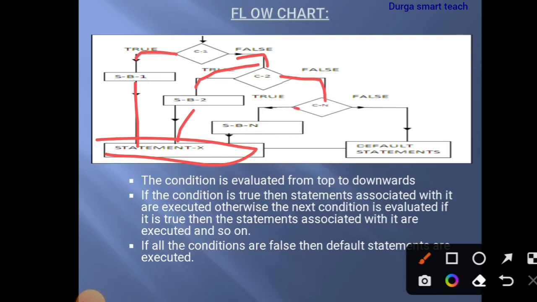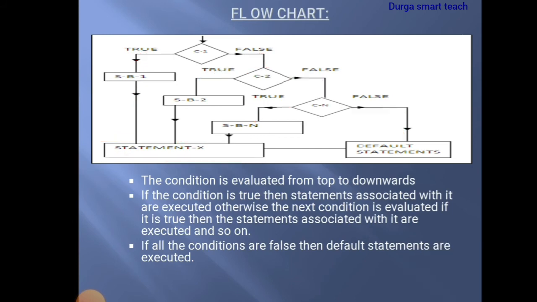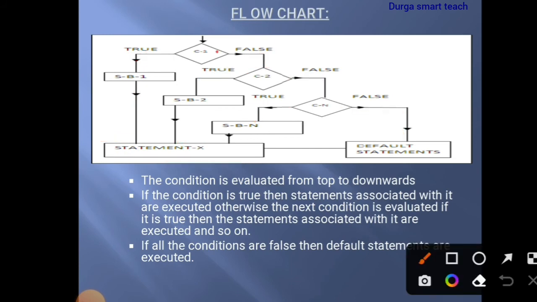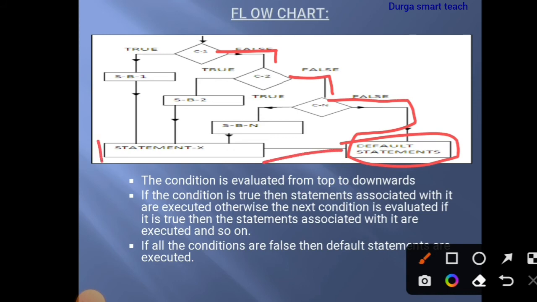If it is true, then statements 3 are executed and again normal statements. If it is false, the last default statements are executed. For suppose condition 1 is false, condition 2 is false, condition 3 is false, default statements are executed, and then normal statements are executed.